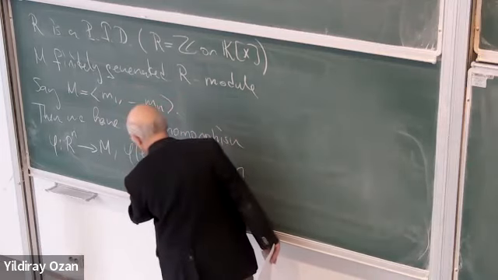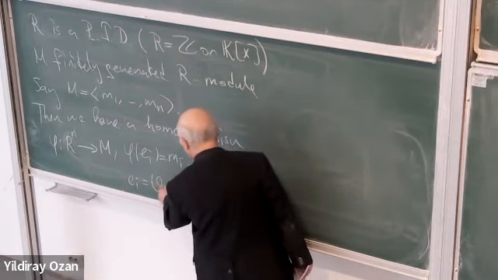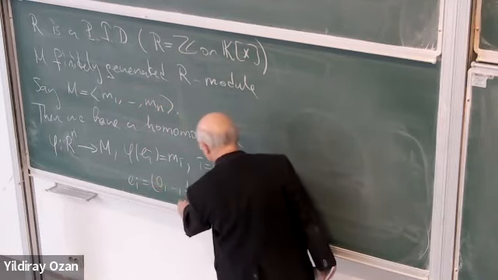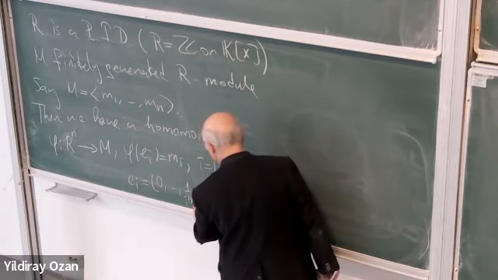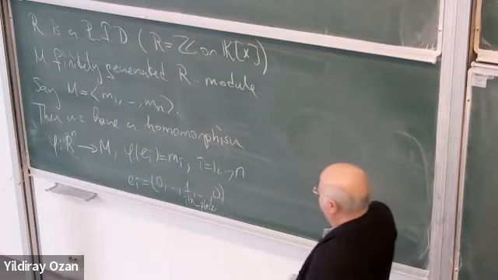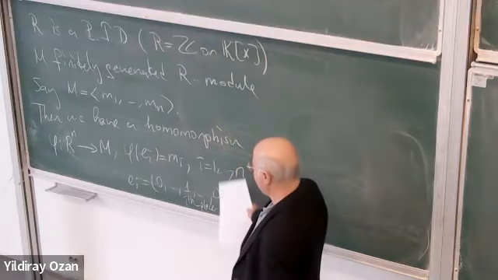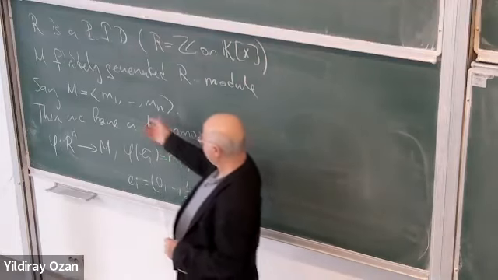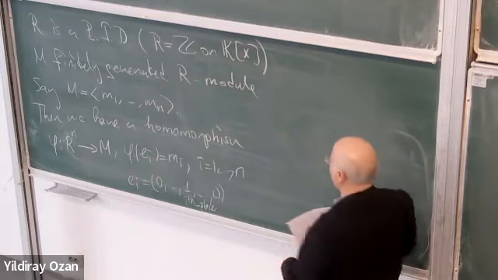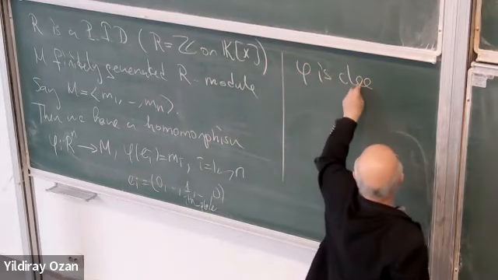Here e_i is just the following: 0, 0, 0, 1, 0, so this is the ith place. Since N is generated by m_1 to m_n, this map is onto. Because every generator is in the image, this function is clearly onto.